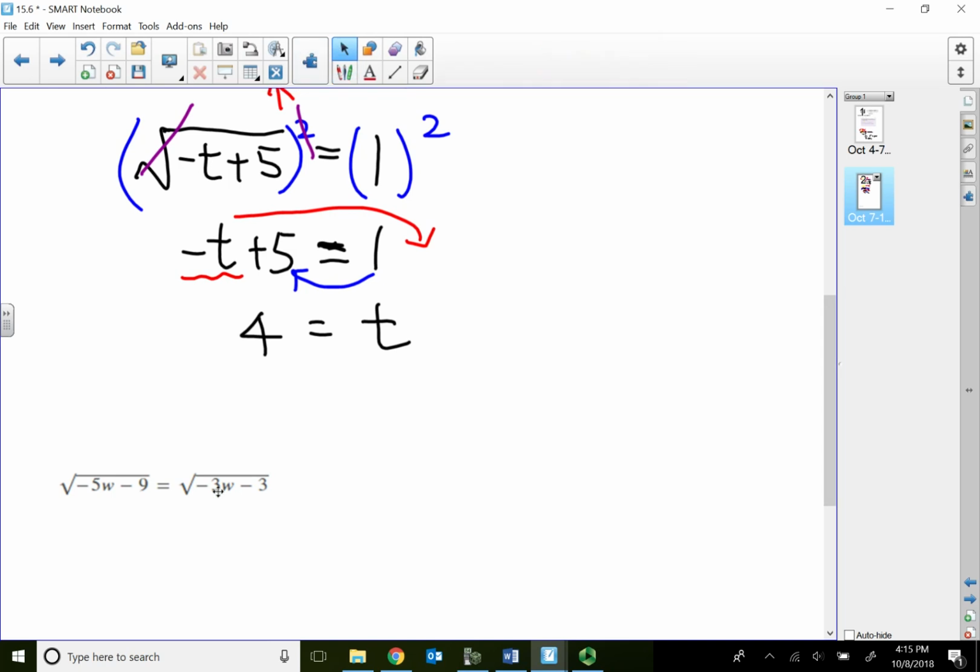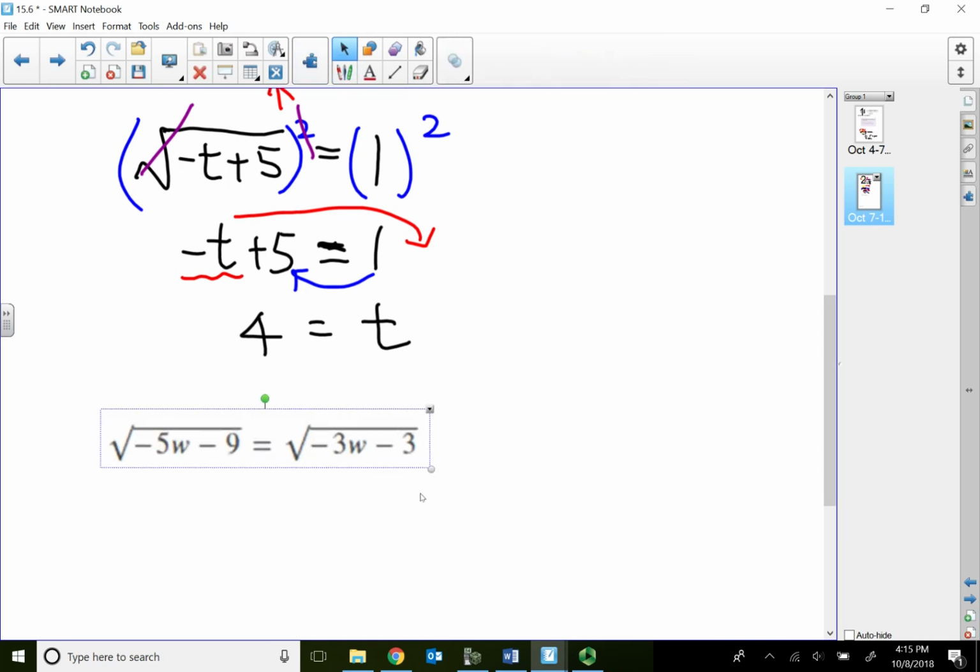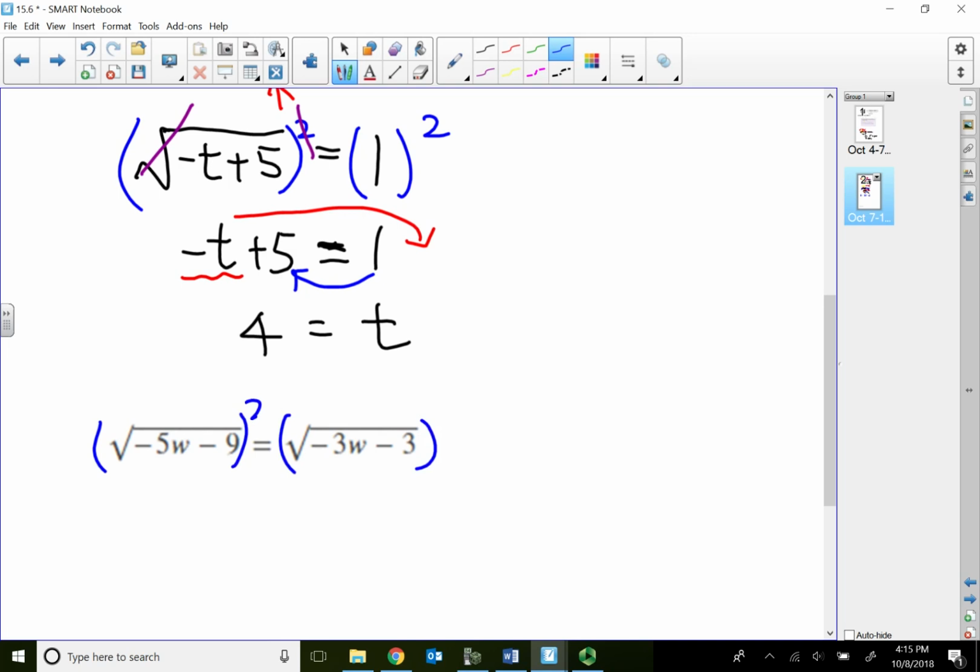Now, in this example I have two radicals equal to each other. In that case, if you think about it, each radical term is already by itself. So what I can do is just square both sides at one time. Each square and square root will cancel out. All right, so that leaves me with negative 5w minus 9 equal to negative 3w minus 3.